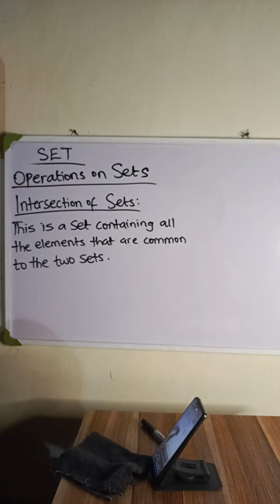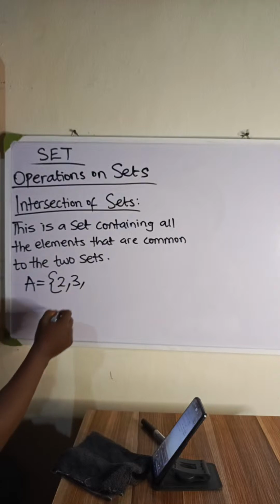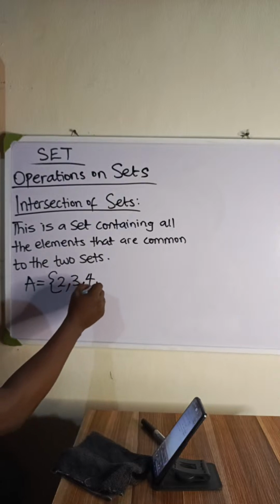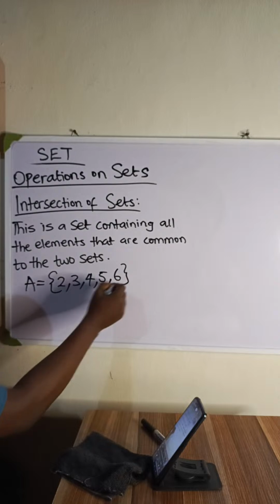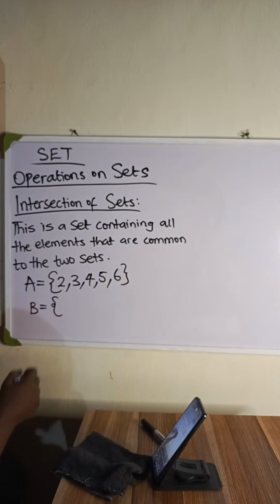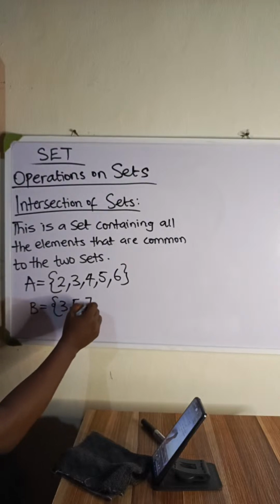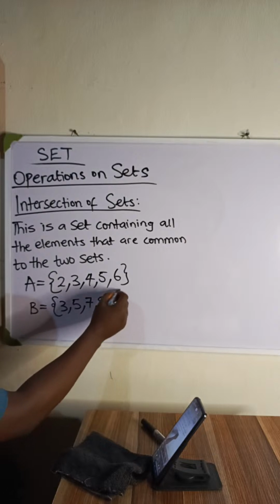So let's go back to the previous example. In the previous example, A was 2, 3, 4, 5, 6, and B was 3, 5, 7, 9, and 11.